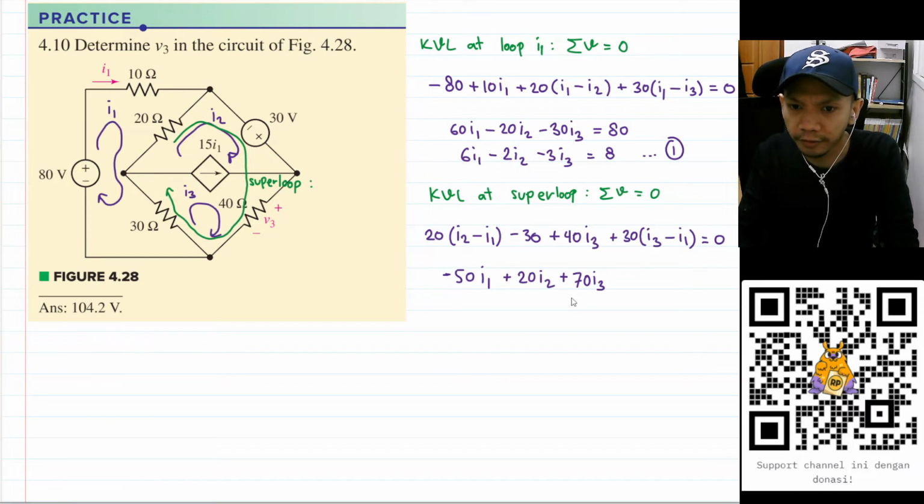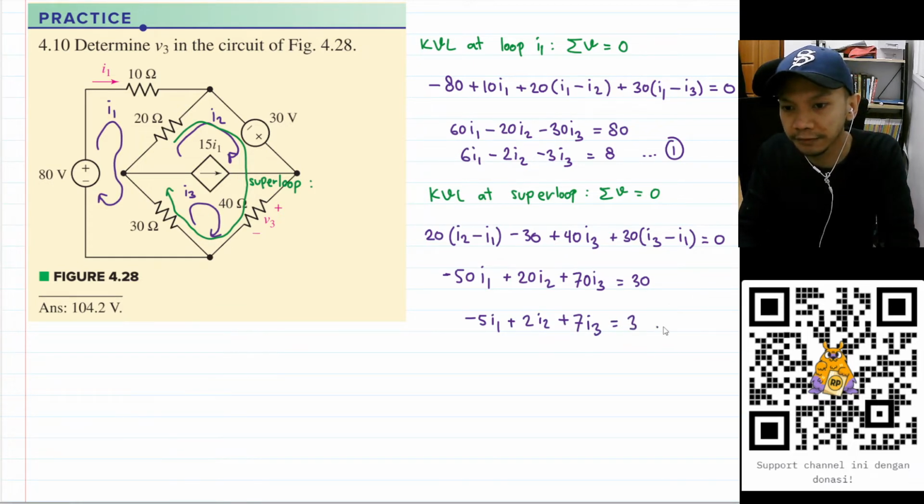Then minus 30, we move to the right-hand side, so it equals 30. We can simplify by dividing by 10: minus 5I1 plus 2I2 plus 7I3 is equal to 3. Let's call this equation 2.